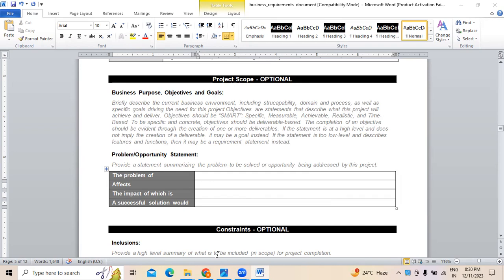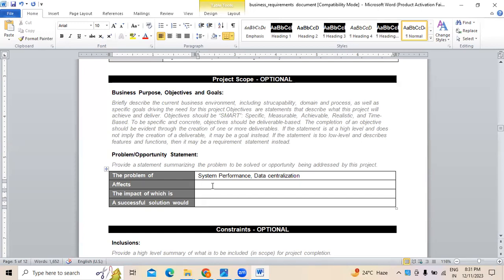System performance and data centralization. Absolutely, right? System performance and data centralization are the problems.